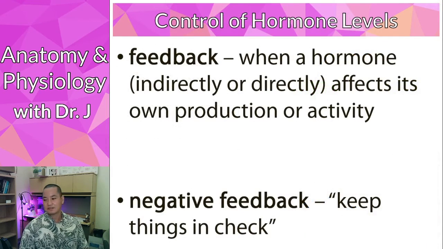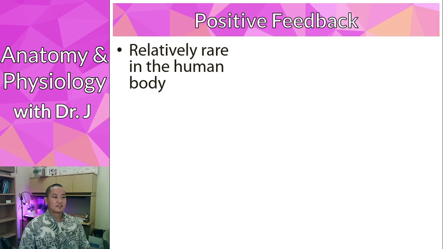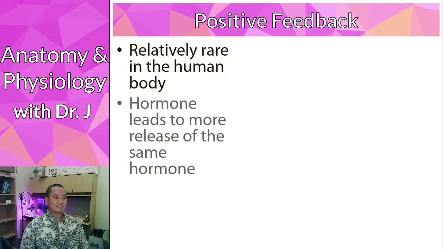Now let's talk about positive feedback. Instead of A turning on B and B turning off A, now we have A and B feeding off of each other. This is relatively rare in the human body because you have a hormone amplifying itself until something big happens.